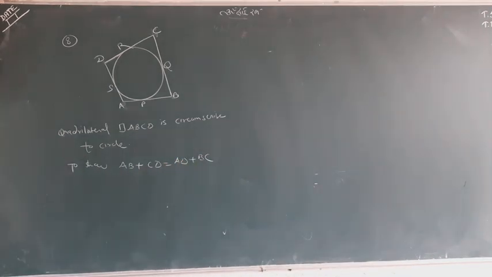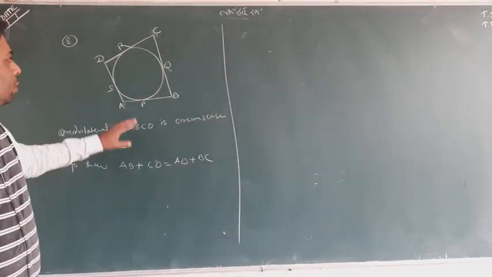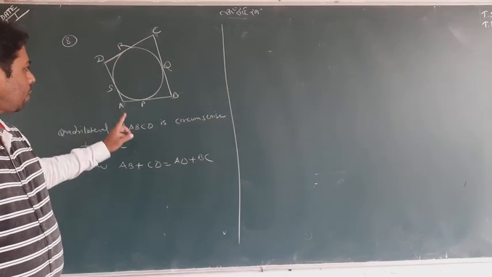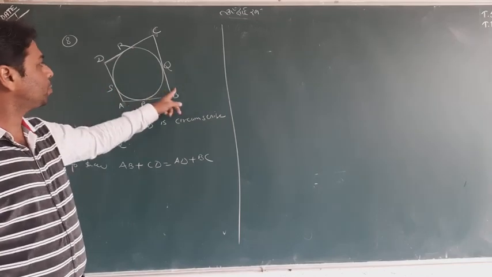It's an easy question, but first you should understand about the thing. This is a picture. I want to show AB plus CD equal to AD plus BC.